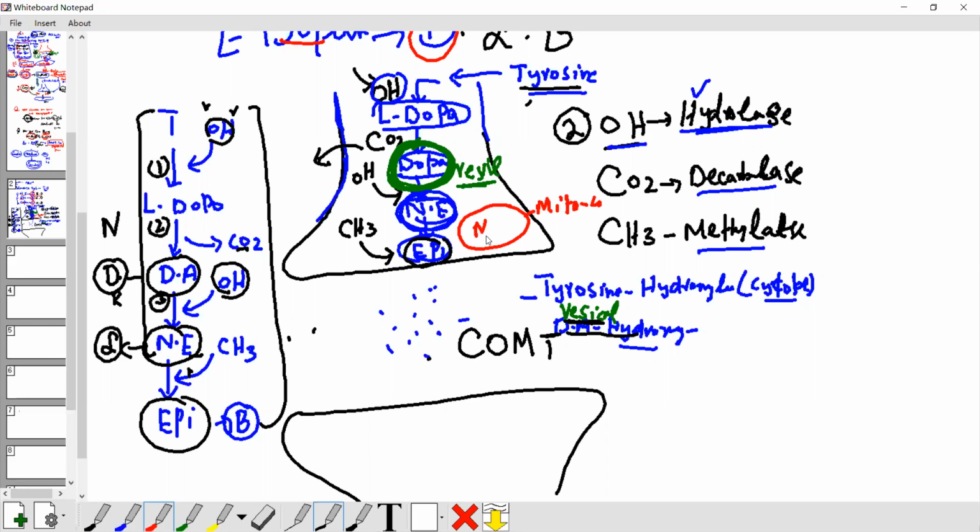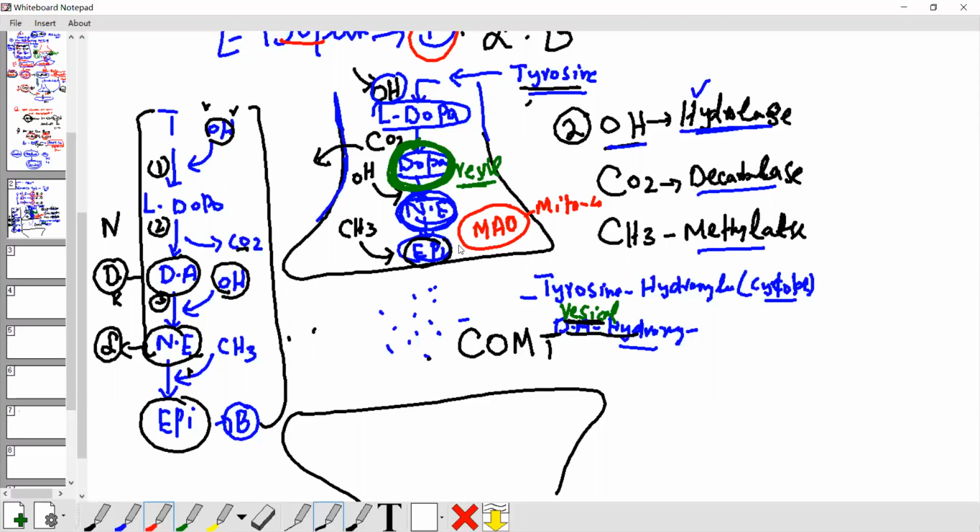In mitochondria, MAO, monoamine oxidase. These two enzymes are for breakdown. In acetylcholine, just one enzyme; here we have two enzymes. Now you can imagine six enzymes we use, four for production, two for breakdown.